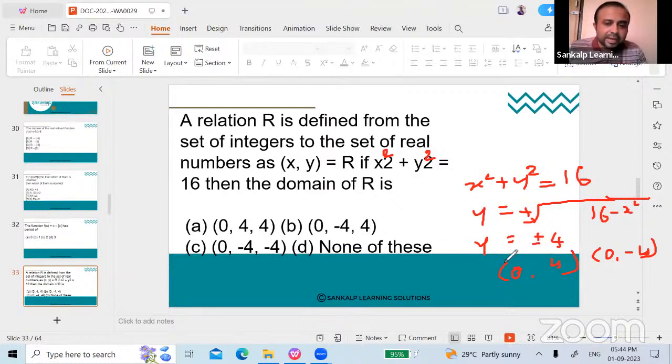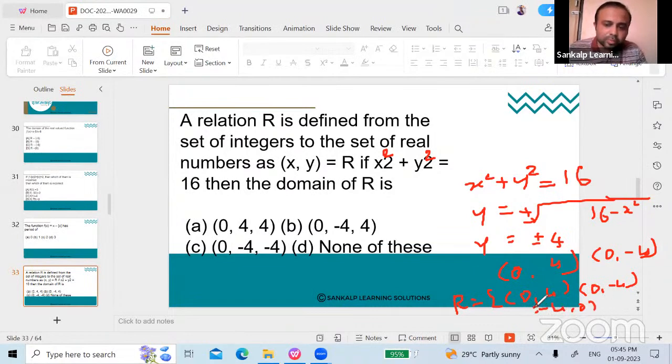So for the other values, where x and y are not integers, what will be the other option? It will have the relation of 0, 4 and 0, minus 4, and the third group is minus 4, 0.